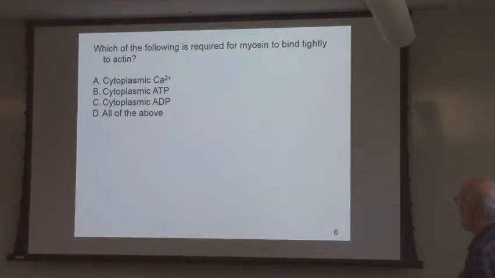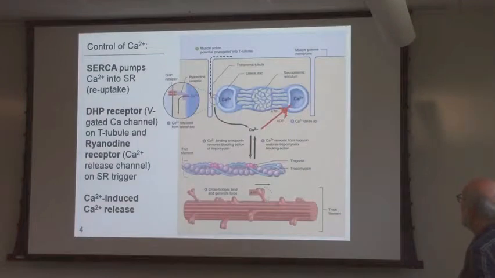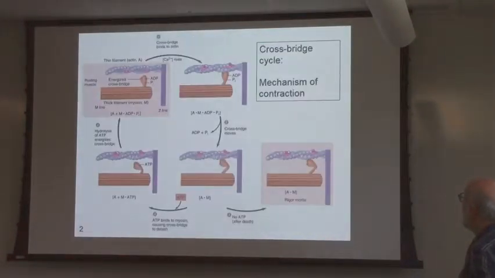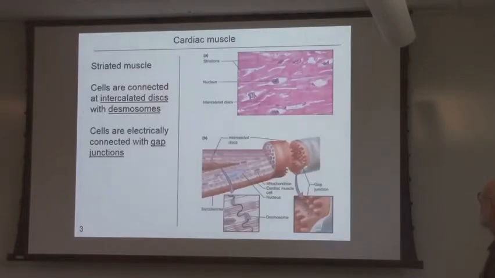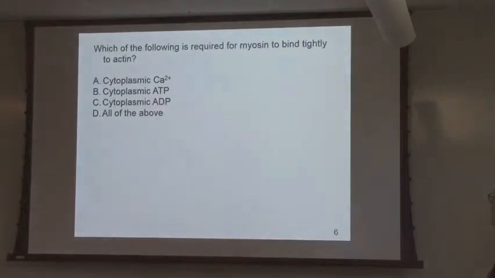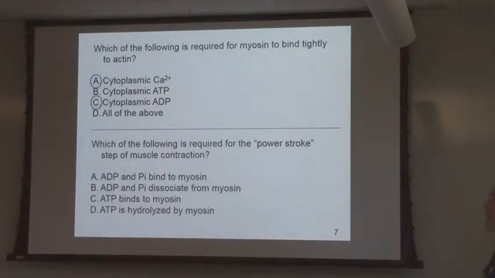So let me go backwards. What do we need for myosin to bind tightly to actin? I'm seeing many partial correct answers and a few completely correct answers. What do we need for myosin to bind tightly to actin? We need calcium and ADP.